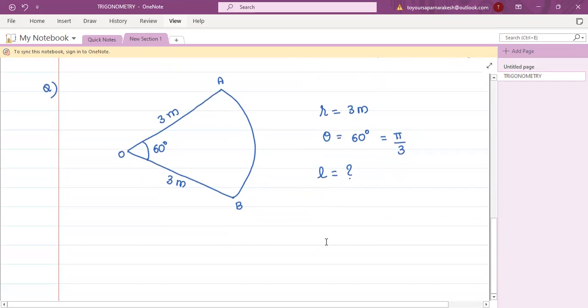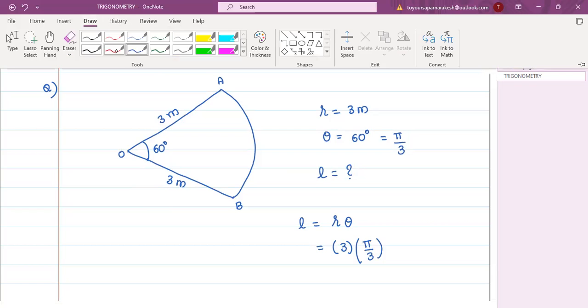We know the formula is r theta. The radius is given as 3 meters, and the theta value is given as pi by 3.